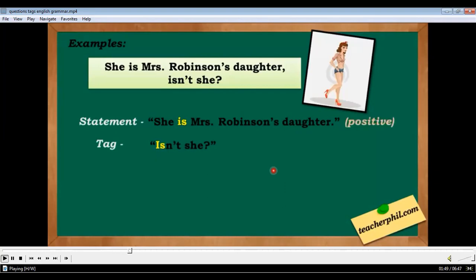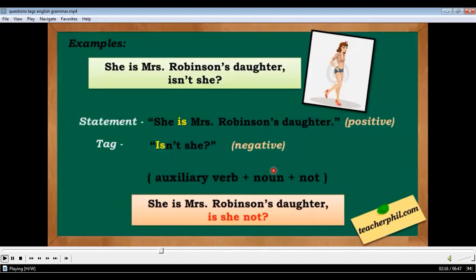Our statement is in the positive form. Therefore, we need to make a negative tag. But if we do this, the structure also changes. It will now become auxiliary verb plus noun plus not. Example, she is Mrs. Robinson's daughter. Is she not? If you've noticed, the auxiliary verb is comes first, followed by the noun she and not.